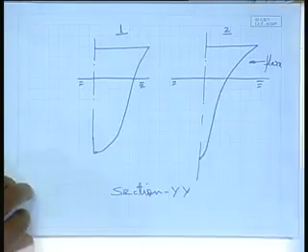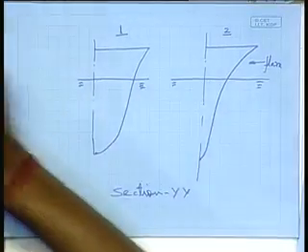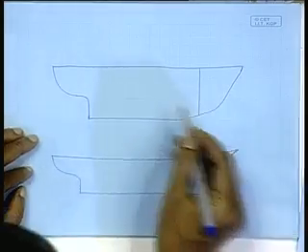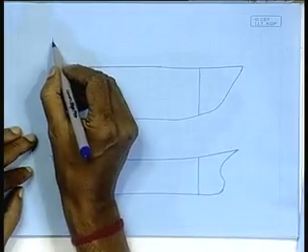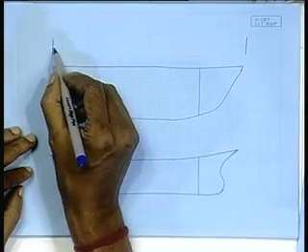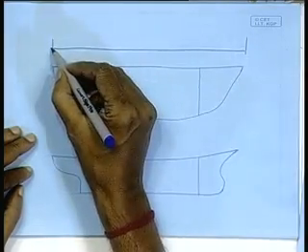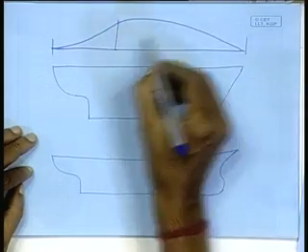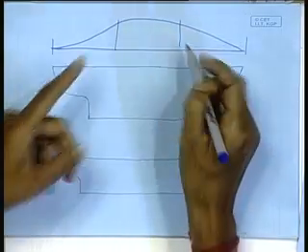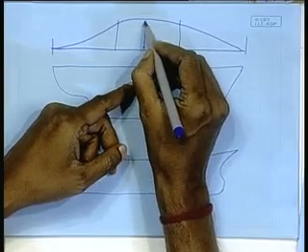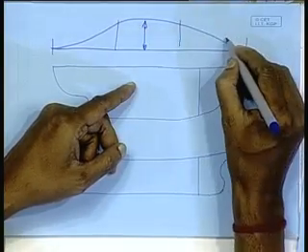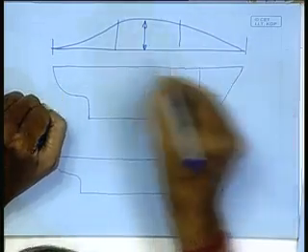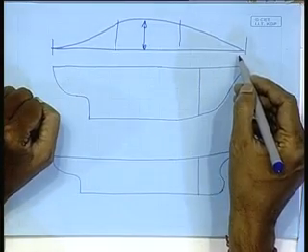Though we have talked about that the primary strength considerations are essentially because of the longitudinal bending. The longitudinal bending moment is somewhat like this, right. Around the mid length of the vessel, I have maximum bending moment. This is my bending moment curve. As we go forward or aft, the bending moment is 0.